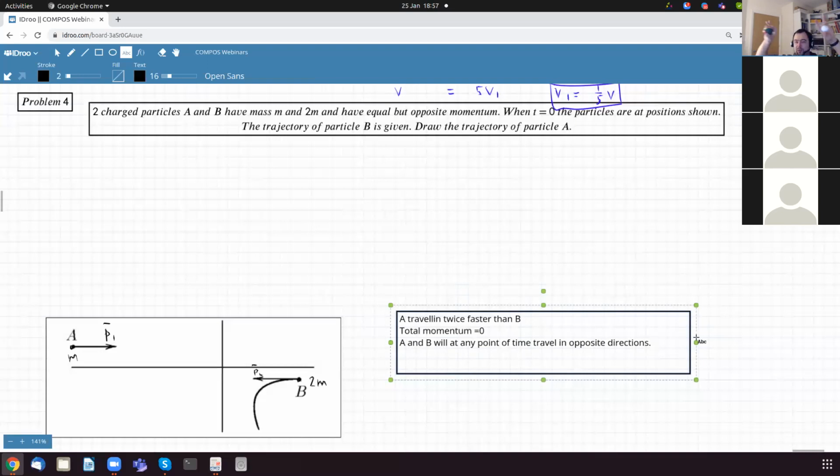Because after all, they will be flying in opposite directions and the kinetic energy will be conserved. So the kinetic energy at the start is equal to the kinetic energy at the end. Okay, that much I can tell you. But what happens to the kinetic energy when they are close to each other?